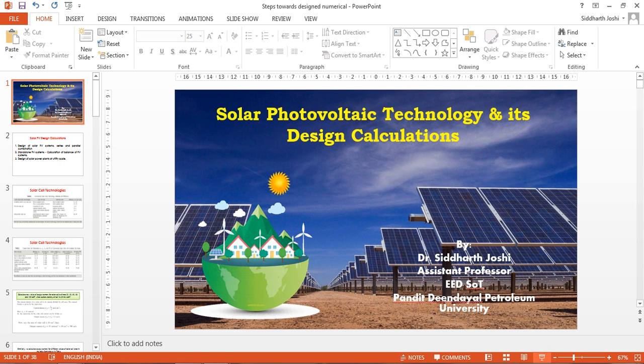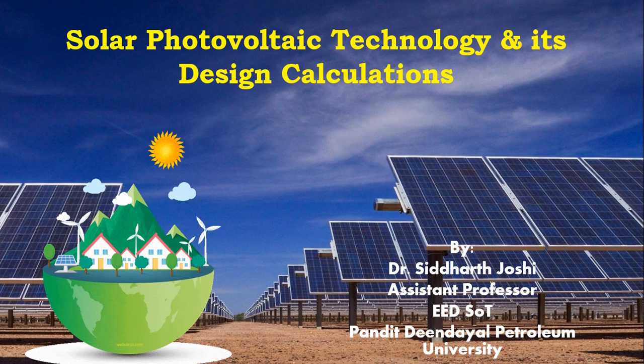If we talk about the solar photovoltaic technology in its design calculation, we are considering a number of photovoltaic modules. In the background you may see a number of photovoltaic modules. This is the layout of the solar park, which might be of 1 megawatt, 2 megawatt or 5 megawatt capacity.